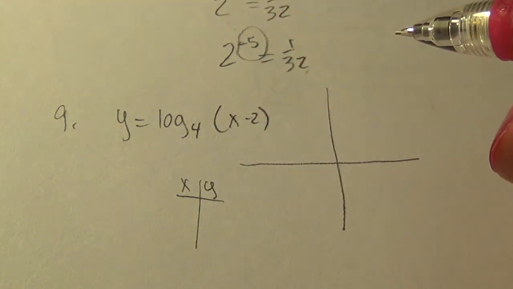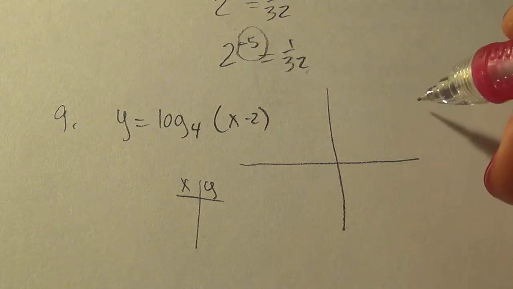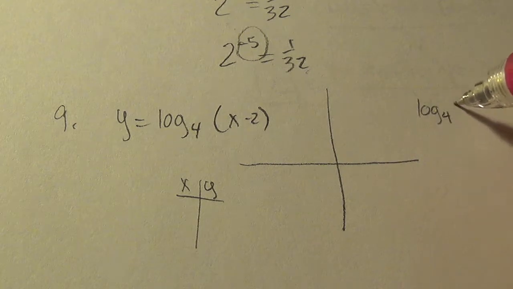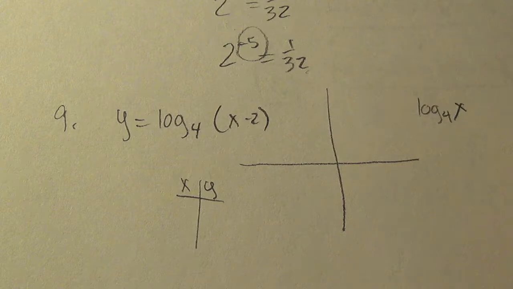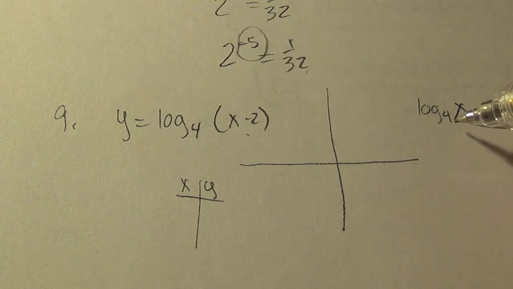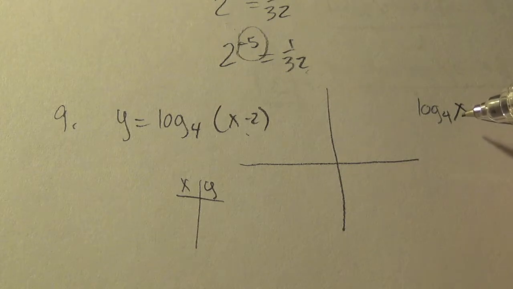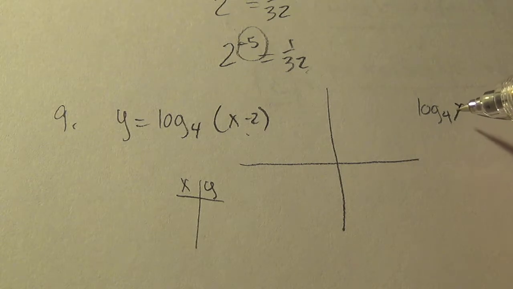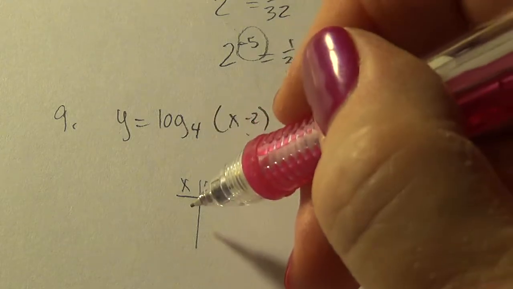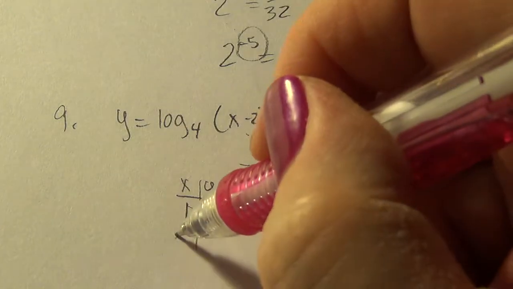I'm just going to do log to the base 4 of x. And then we'll just move it, this time it'll go to the right 2. So log to the base 4 of x is what we'll start with, and it is always going to use this point and then this point.